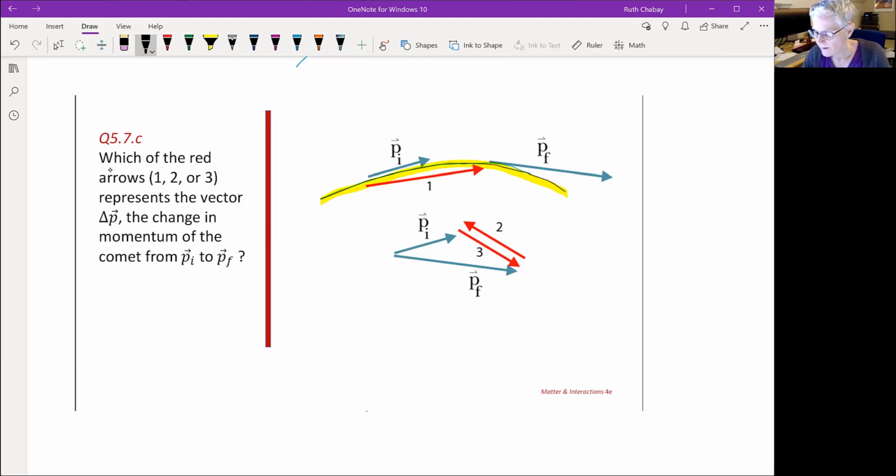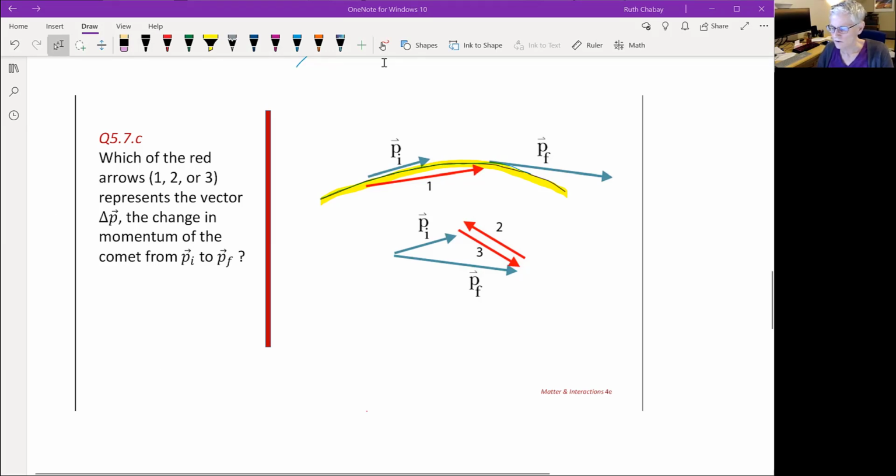At a later instant, we find it tangent to the path over here, p final, and a little bit bigger. And so the question is, which of these arrows correctly represents delta p, the change in momentum from initial to final here?